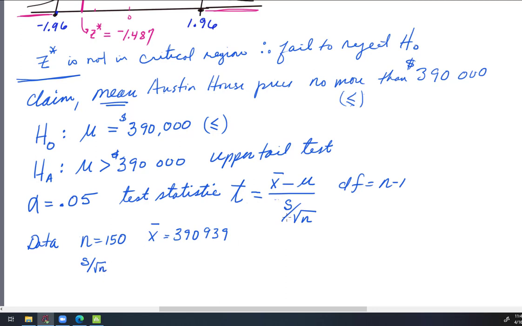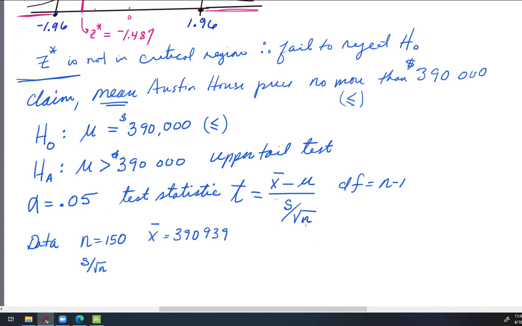That's the denominator down here, and this denominator has a name. It pops up often enough. We call it the standard error of the mean. And you'll recall from looking at the results of descriptive statistics in Minitab that one of the things we can have Minitab calculate for us is the standard error of the mean.